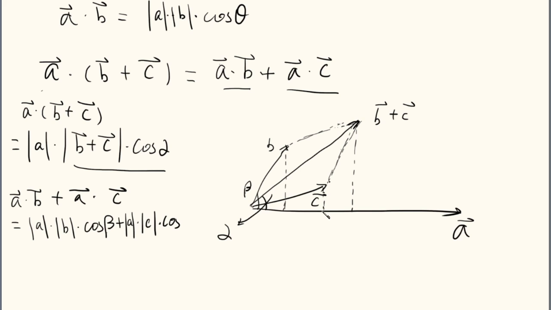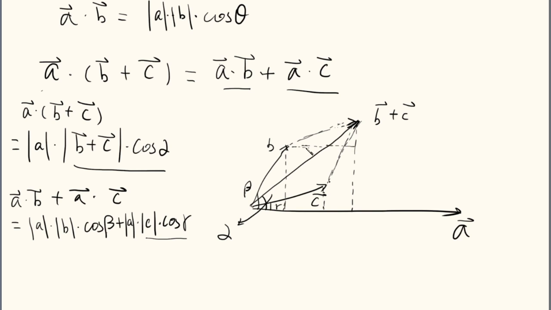Okay, so the angle here is gamma, and this part is the absolute value of vector C times cosine gamma, because this is vector C. And this is perpendicular to vector A. So here I make a rectangle.